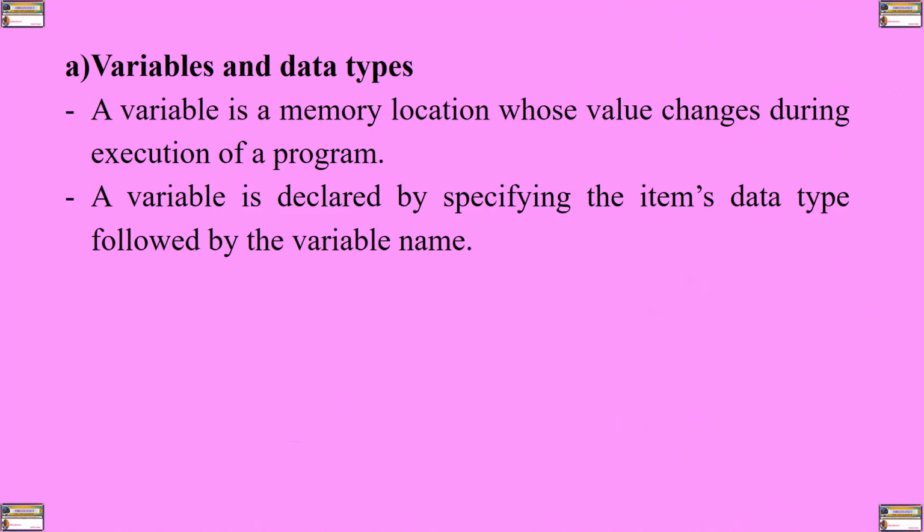So, how do you tell the compiler to set a memory location assigned for you to use? You need to inform the compiler what type of data is going to be stored in the memory that you want to set aside.